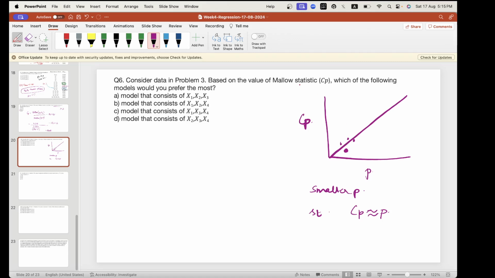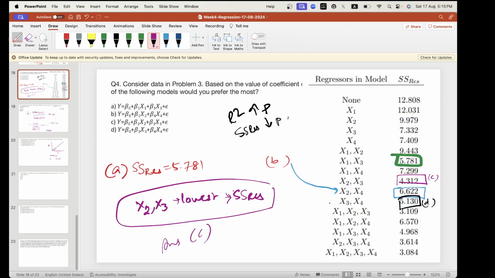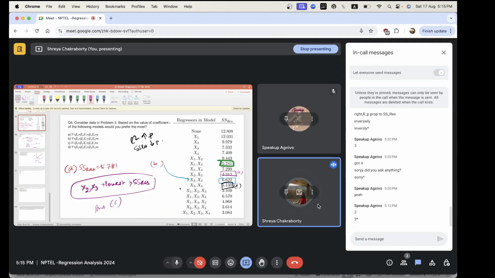All right, so now if I come to calculations, x1 x2 x3, x1 x2 x3 x4, x1 x3 x4, x2 x3 x4. So yeah, I'll just bring it over here.